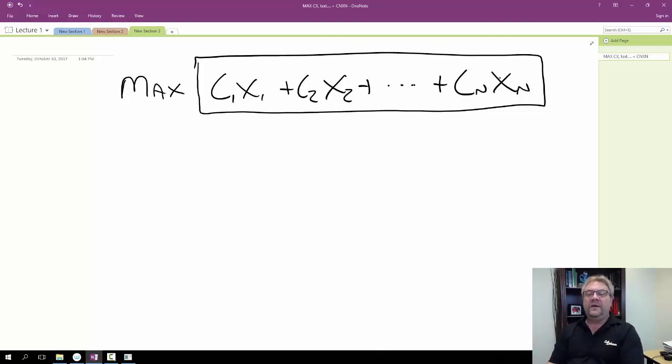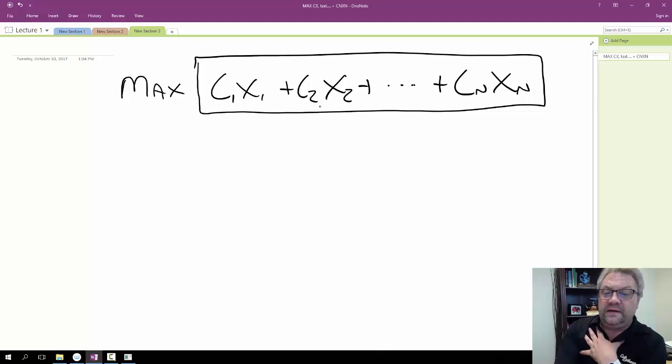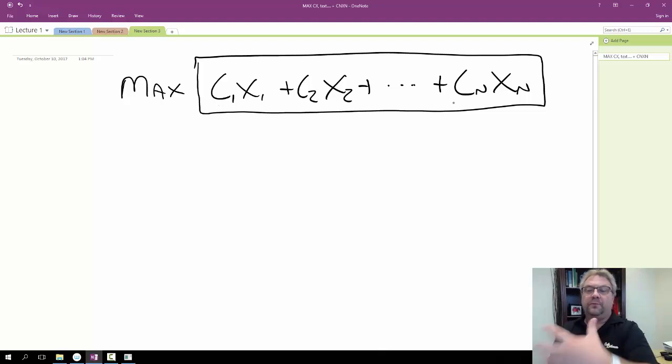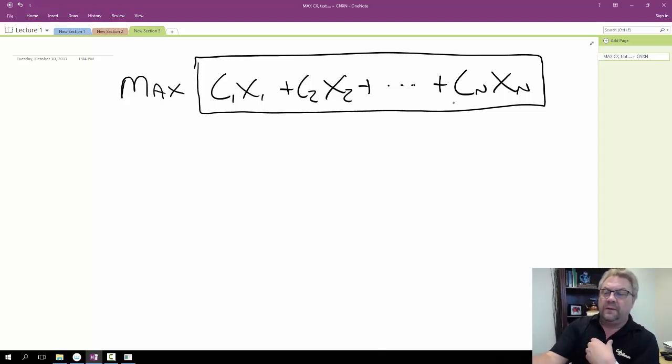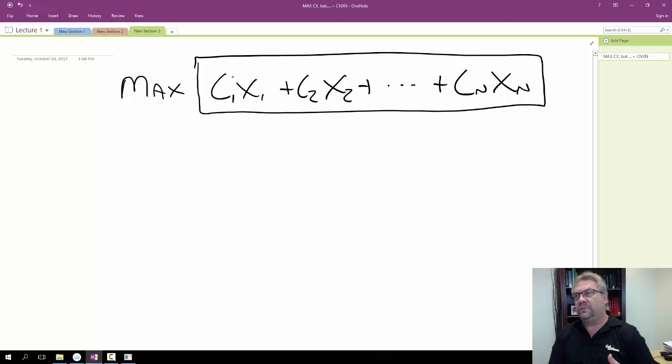In other words, how many units of good 1 should the firm produce? How many units of good 2 should the firm produce? So on and so forth. How many units of good n should the firm produce in order to maximize its profit or its objective function? And then, of course, these c's are just what we call the parameters of our objective function, okay? And so if this were a profit function, these C's would be profit per unit.